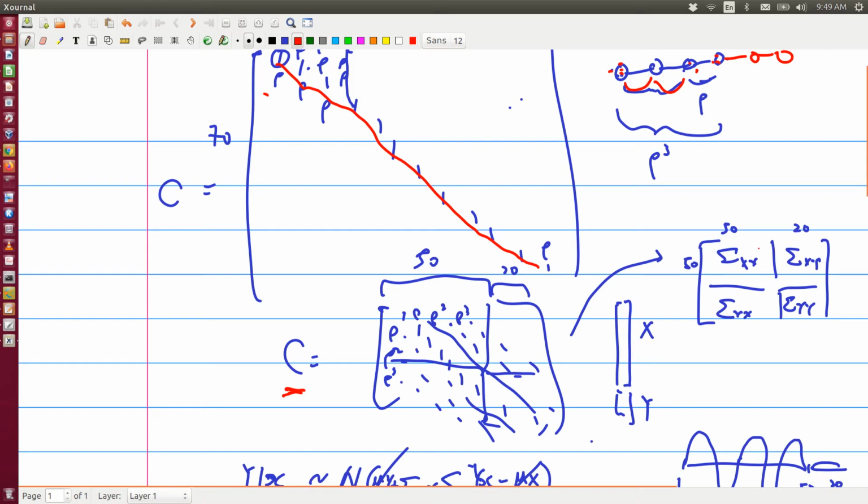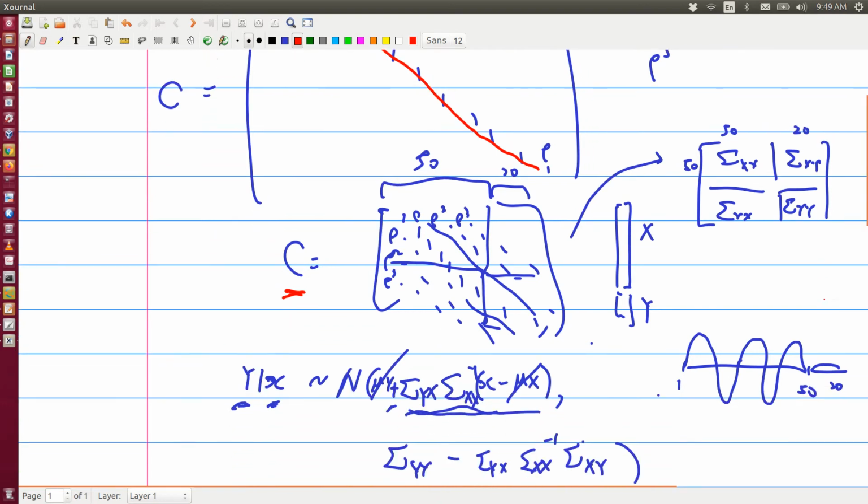So sigma xx will be 50 by 50, sigma xy will be 50 by 20, and sigma yx will be 20 by 50, and so on.